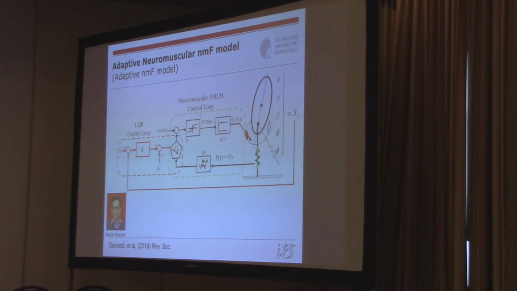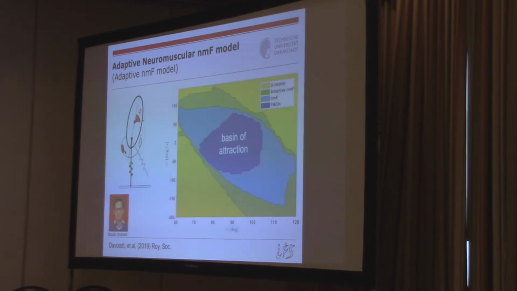And then we see that it can generate some stable gait, and we add another layer to tune this gain. You can see here it could come from an upper level, for example, from the brain to tune the control gain. With these different levels of complexity, we found that with the FMCH model, we have this basin of attraction.